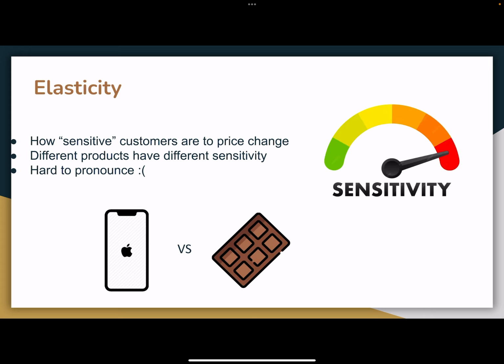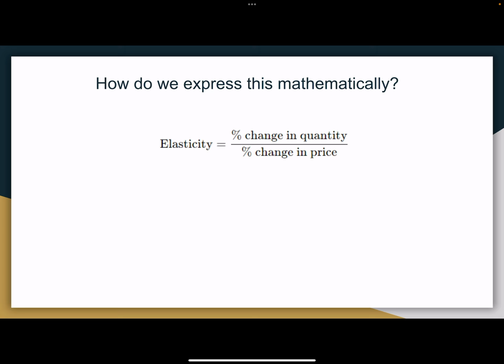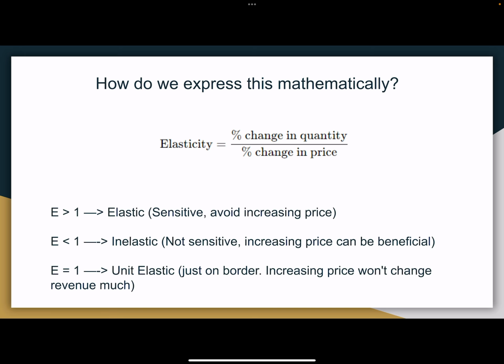Now, let's take a look at the actual formula economists use to measure elasticity. Elasticity equals percent change in quantity over percent change in price. If the elasticity value is greater than 1, it is elastic. From a business perspective, it means consumers are sensitive to price change and they should avoid increasing the price.